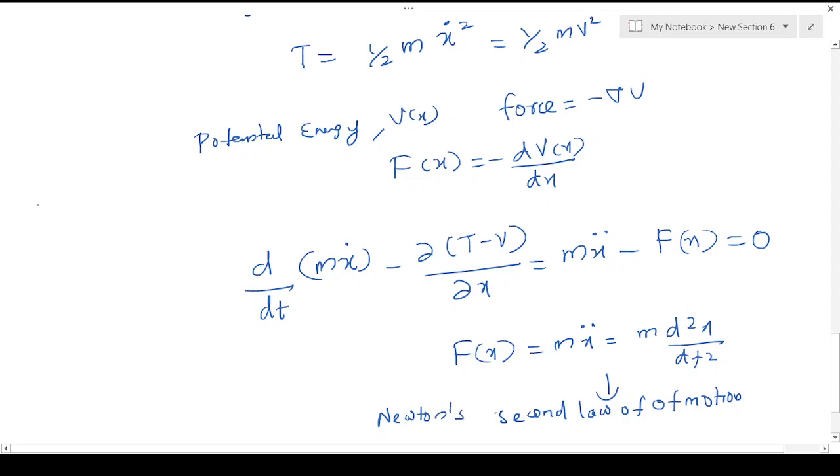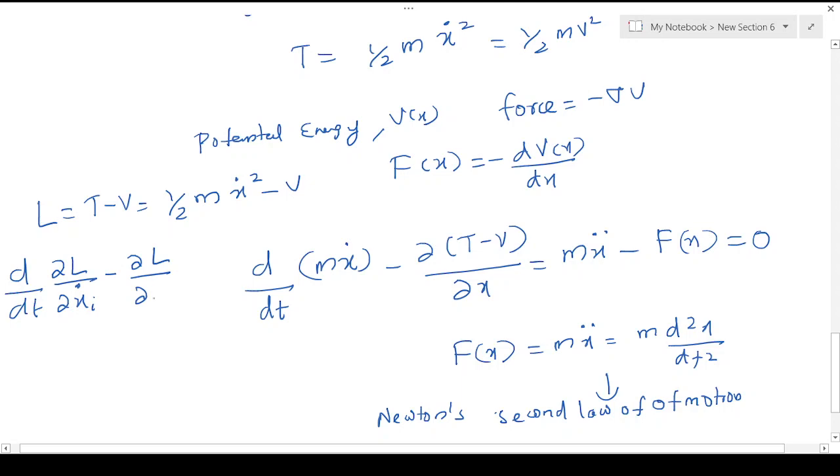So what was our L here? L is equal to T minus V, that is half m x dot square minus V. That we substitute in the generalized equation that we already have. What was that equation? d by dt of dou L by dou q i dot minus dou L by dou q i is equal to 0.